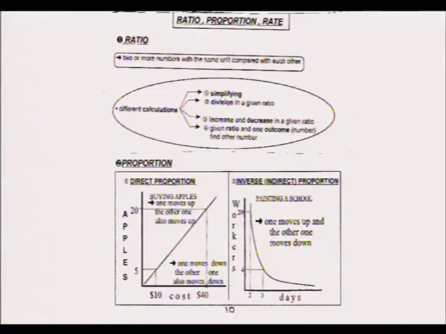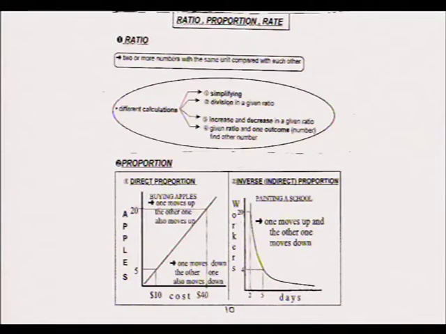The ratio, the proportion and the rate. What are ratios? There are different calculations: we simplify, we divide, we increase or decrease, and given the ratio and one outcome. Number 2, the proportion: direct proportion is a straight line.